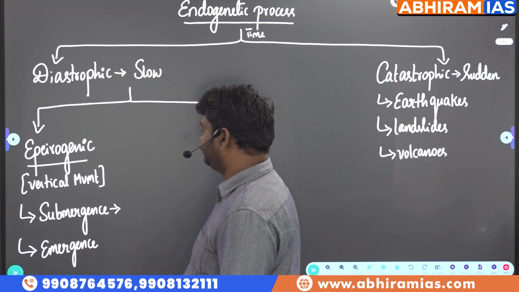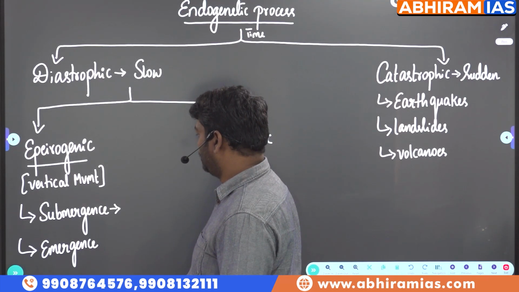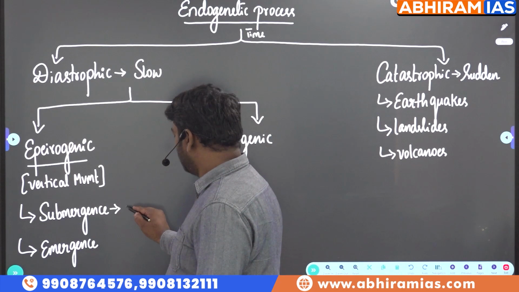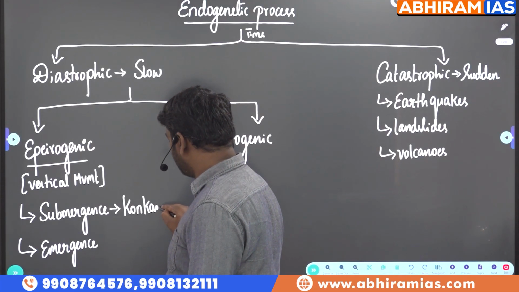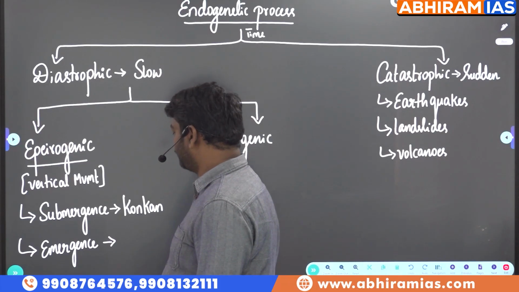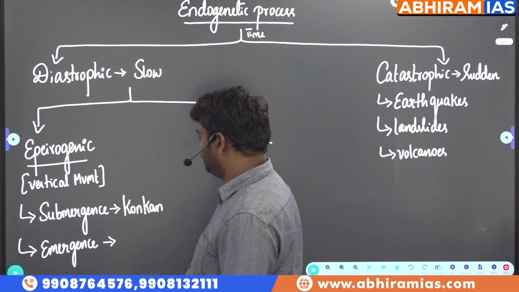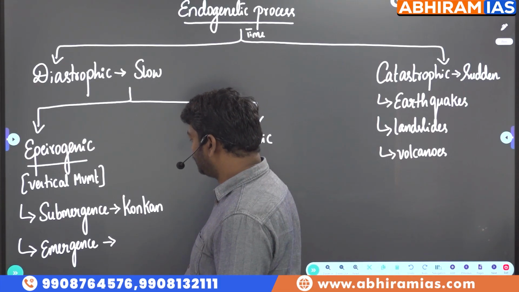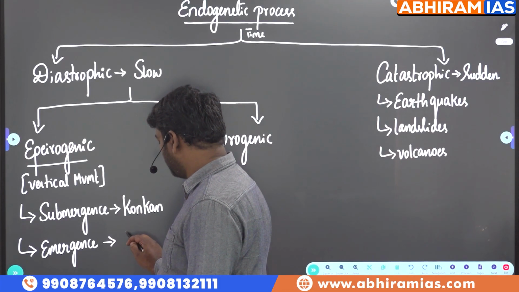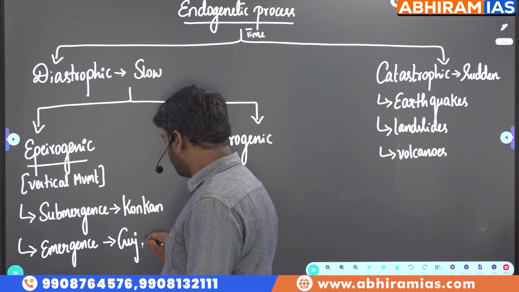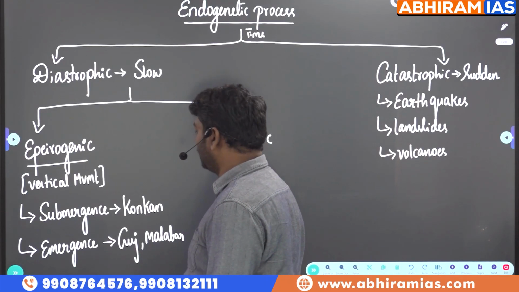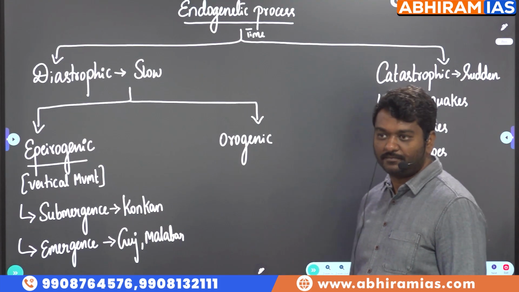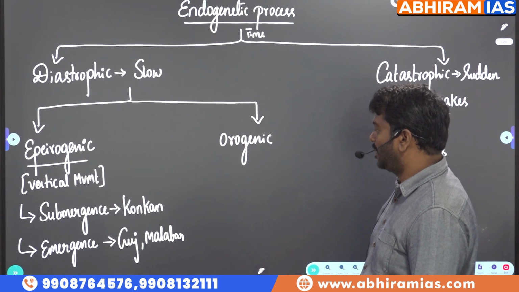Submergence: Konkan coast in India, submergence. Emergence, which coast will be there? Gujarat coast, Malabar coast, East coast come under this, epeirogenic.